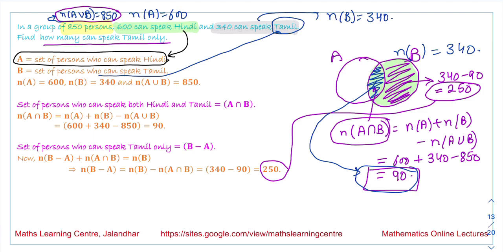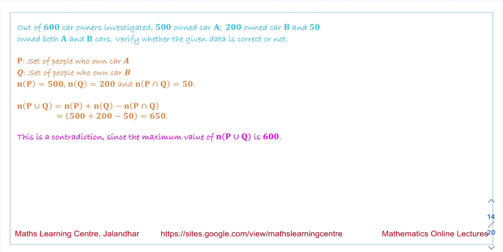Next we have, out of 600 car owners investigated, so the total number of owners is 600. 500 owned car A, 200 owned car B, and 50 owned both cars A and B. So if P is the set of people who owned car A and Q is the set of people who owned car B, the number of elements of P is 500, the number of elements of Q is 200, and the number of elements of P intersection Q is 50.